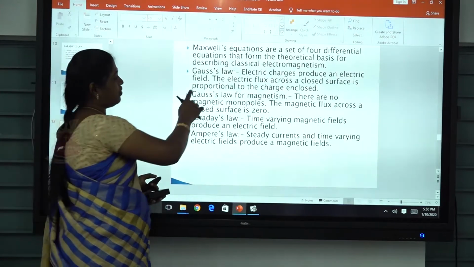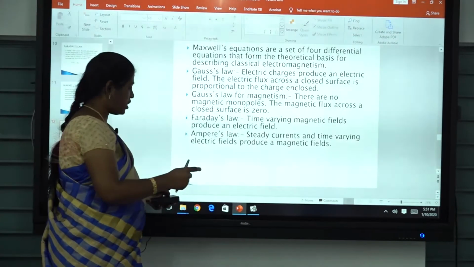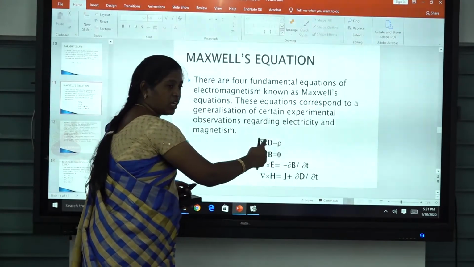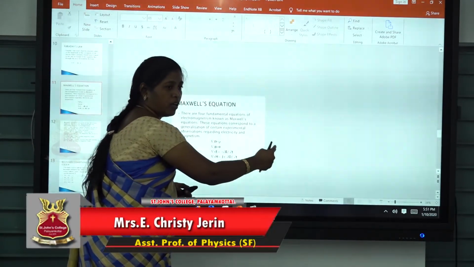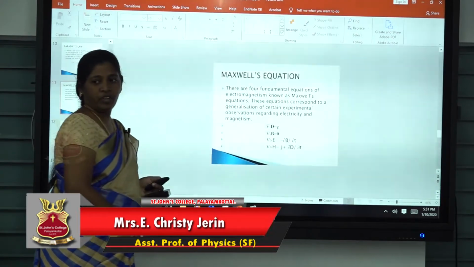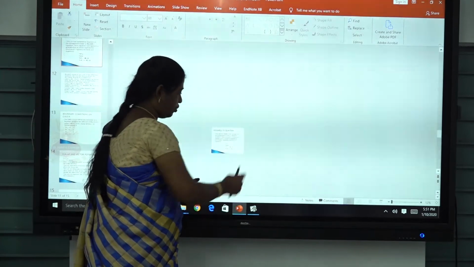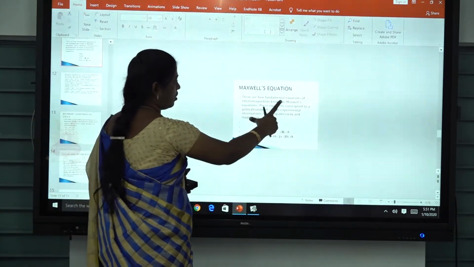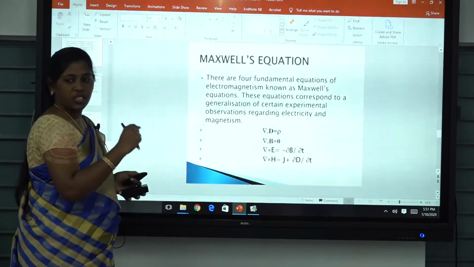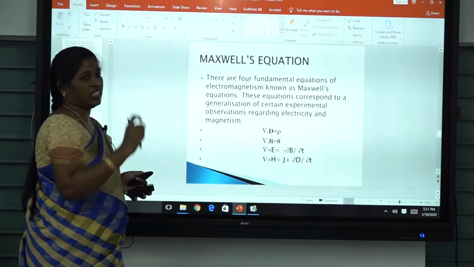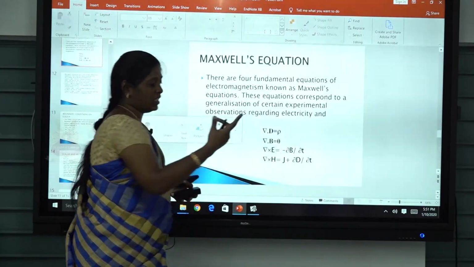The first one is Gauss's law. The electric flux across a closed surface is equal to the total charge enclosed by the surface. But the magnetic flux through a closed surface is equal to 0.